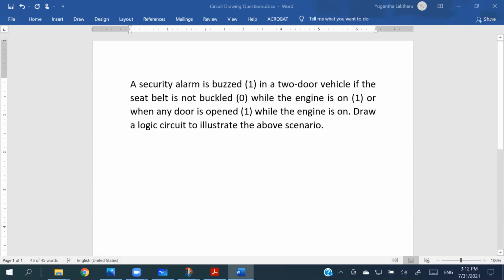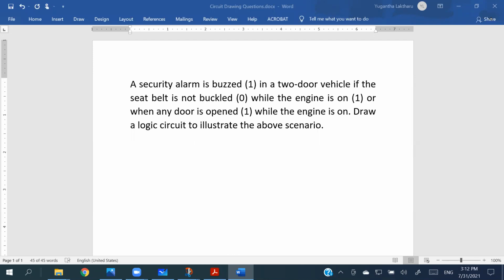Now it says a security alarm is buzzed in a two-door vehicle if the seat belt is not buckled while the engine is on, or when any door is open while the engine is on. Draw a logic circuit to illustrate the above scenario.